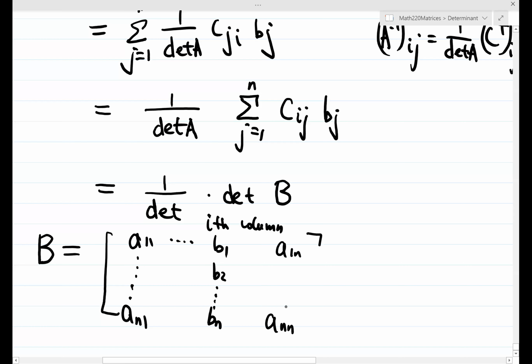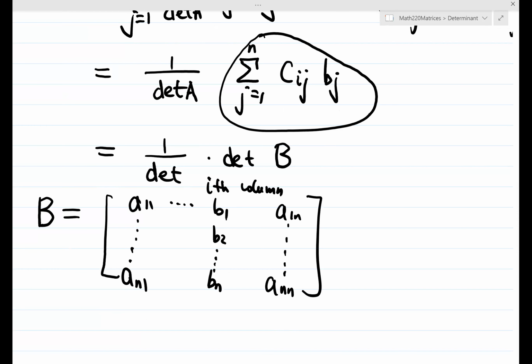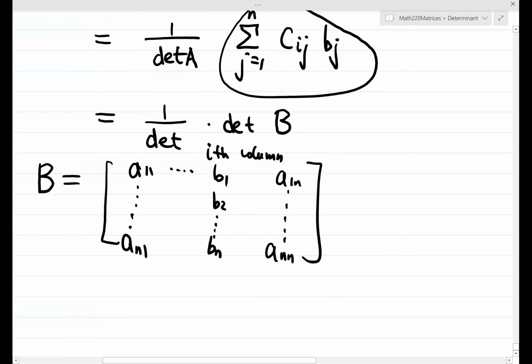We just replace the ith column of the matrix A by the vector B. If you expand by that column, then you find the determinant of Bi, which is actually the sum of Cji times Bj.